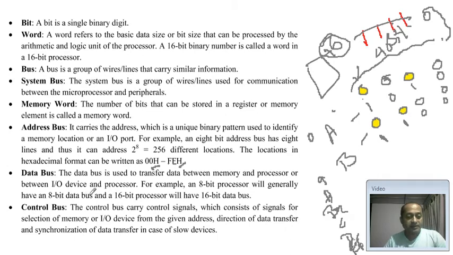But the data bus, in the case of the 8085, differs. The 8085 is an 8-bit processor, and the 8086 is a 16-bit processor. So it depends on what condition we have opted for, and the address bus and data bus will take over according to that.